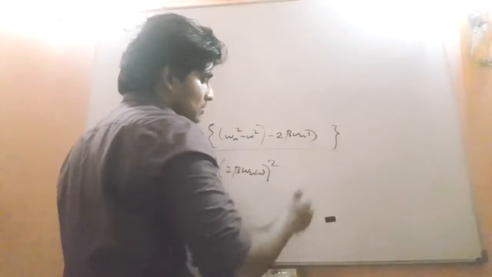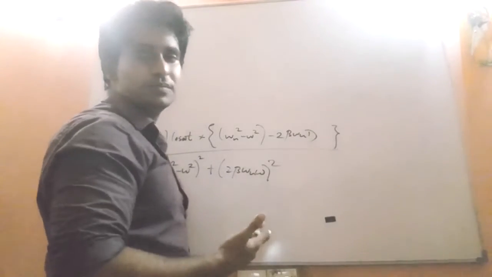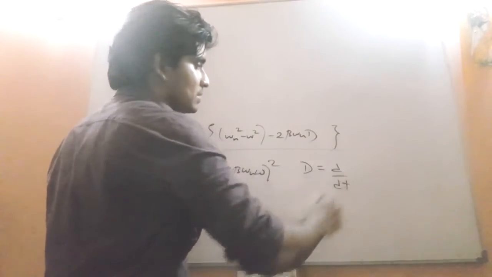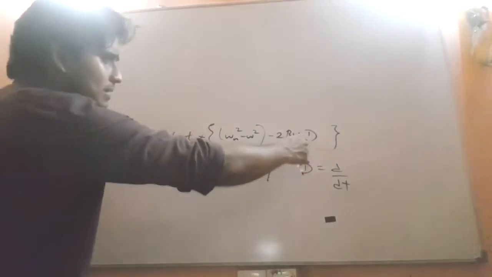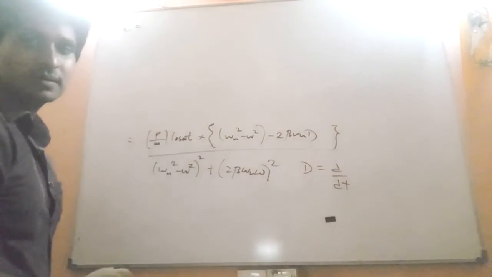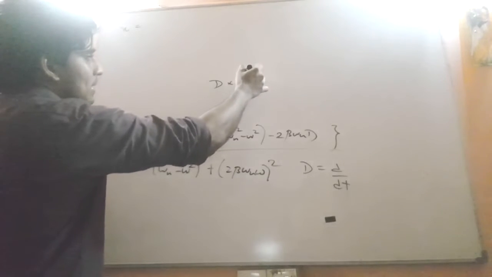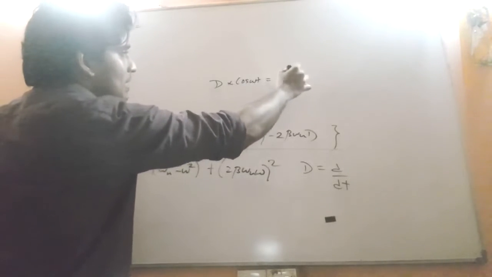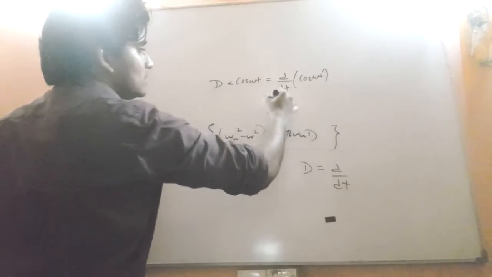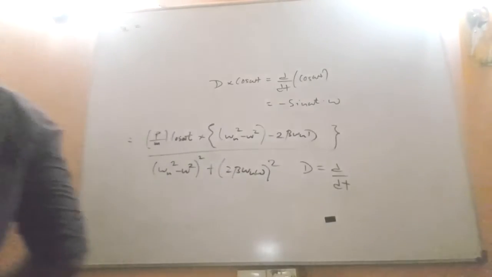That is actually the first derivative, d equals d by dt. So this d operator you can combine with this cos omega t part. That means d multiplied by cos omega t will be d by dt of cos omega t, that is minus sin omega t times omega, right?